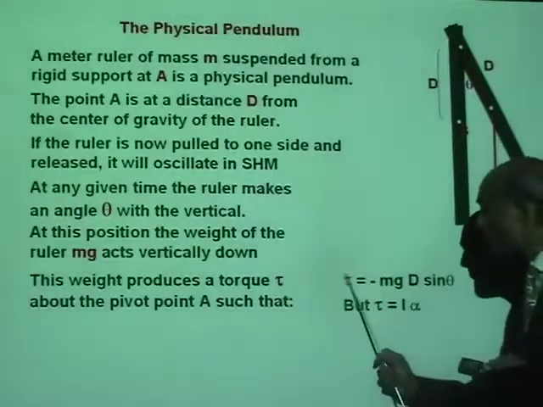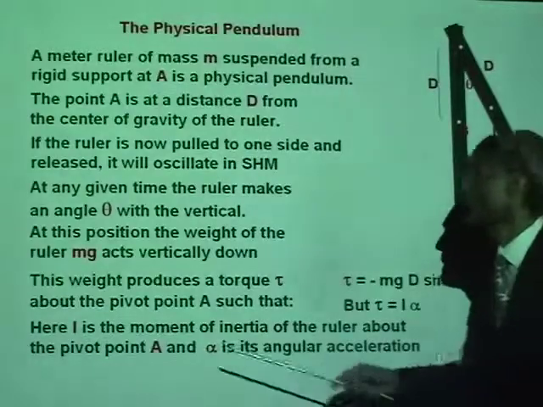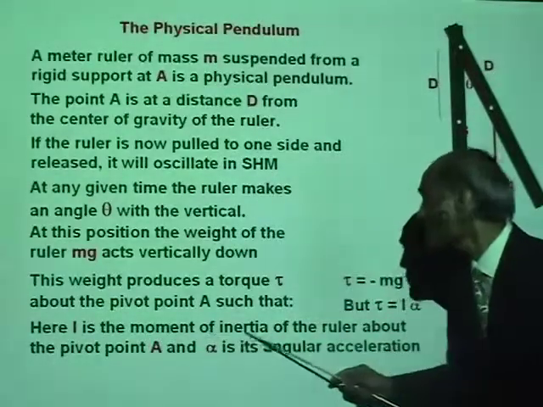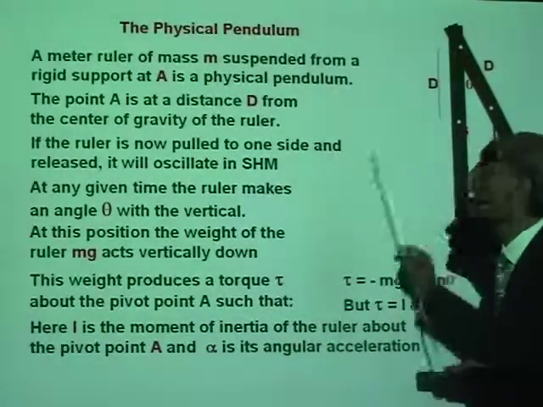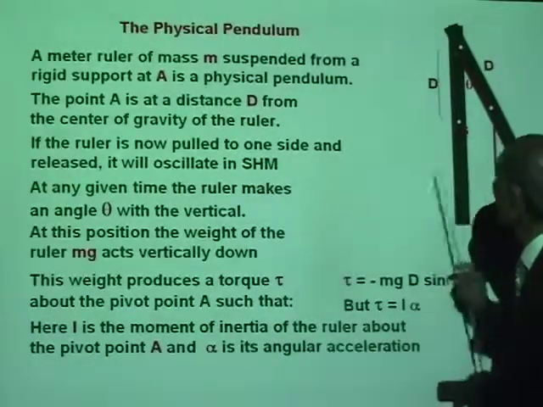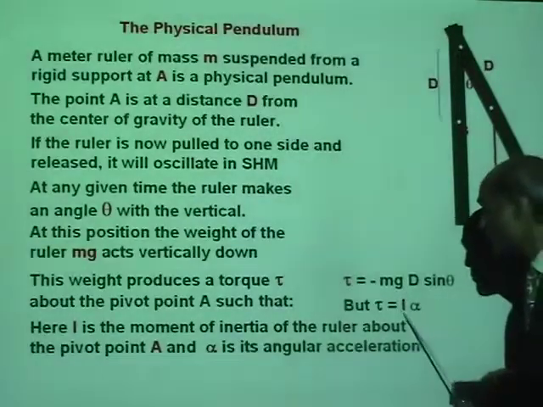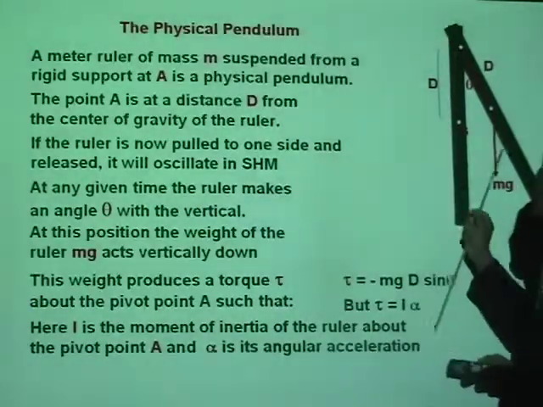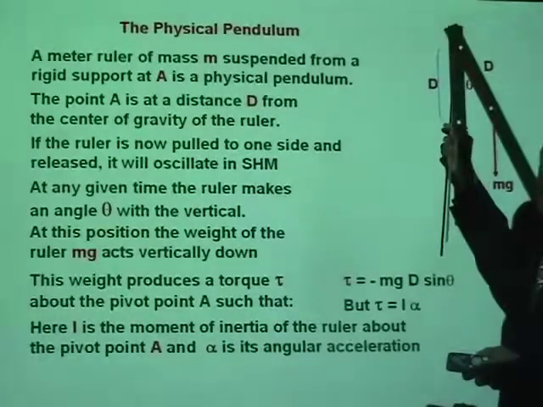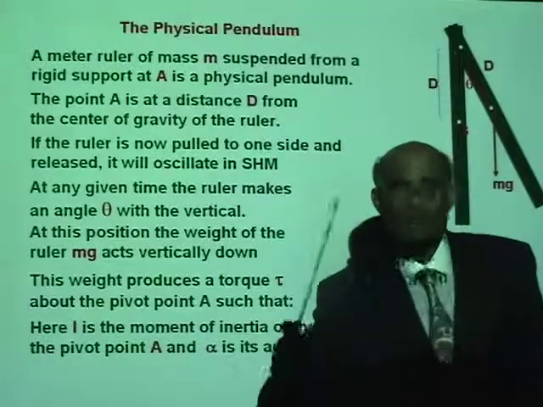So we're going to replace this tau by this I alpha. Here I is the moment of inertia of the ruler about the pivot point, and alpha is the angular acceleration. Is that right? I is the moment of inertia of the ruler about this axis, and alpha is the angular acceleration.